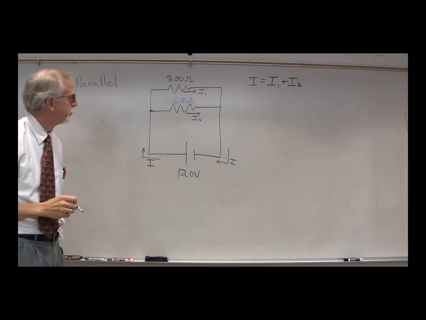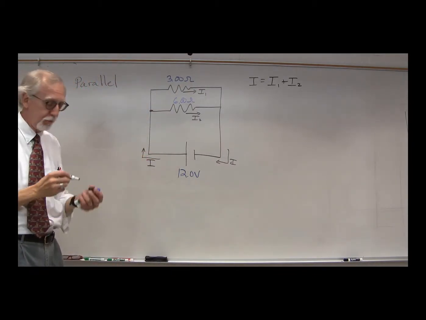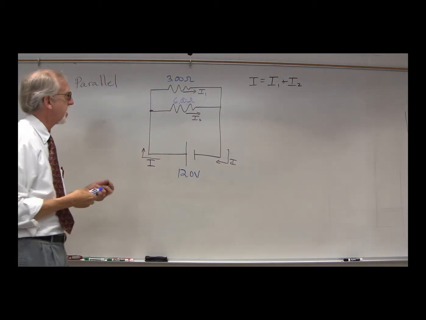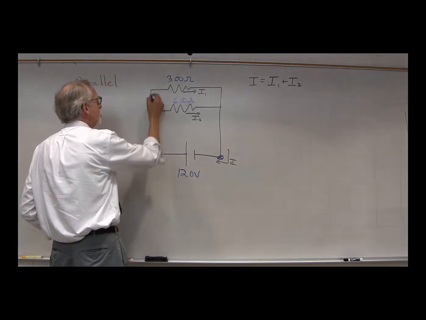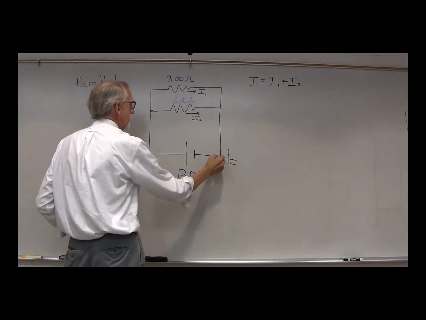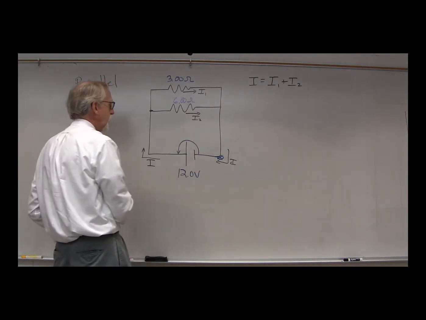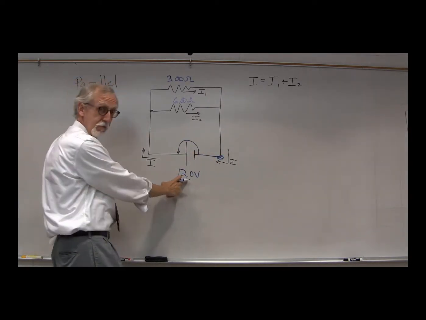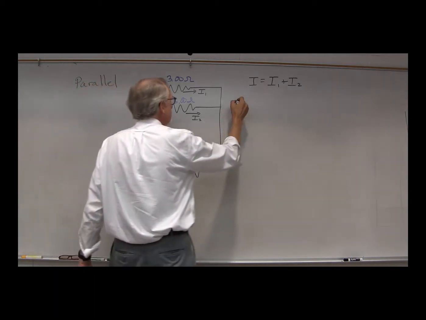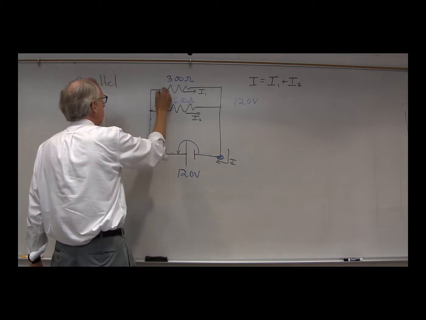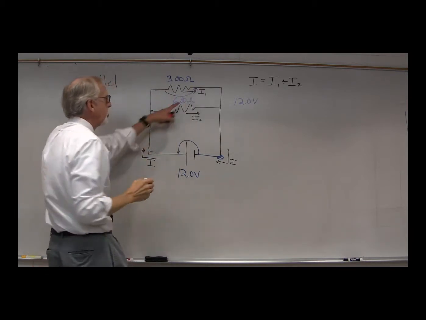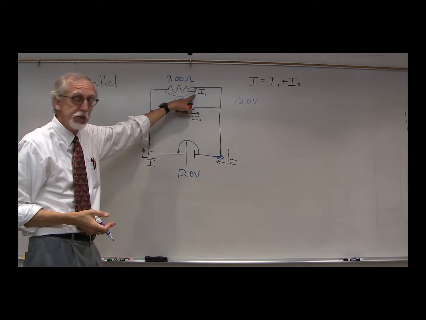Okay, there we go. Now let's apply the loop rule. Let's start here, and let's go around the outer loop first. So coming here, we'll jump across the power supply. What do we have? A delta V, change in voltage of 12 volts. Come across here, go up here, jump across here. Again, we're going with the current, so this is going to be a voltage decrease.